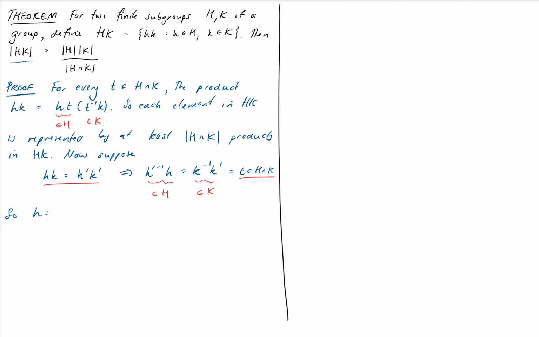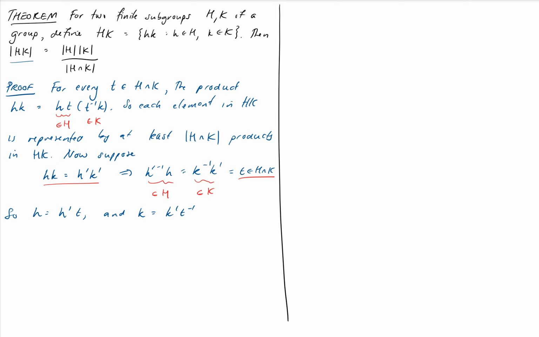So H is equal to H prime T and K is equal to... let's just solve that for K, we'll get KT equals K prime, so K is equal to T inverse K prime. K prime T inverse. Goodness me.